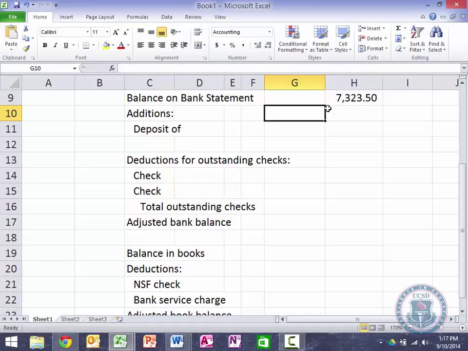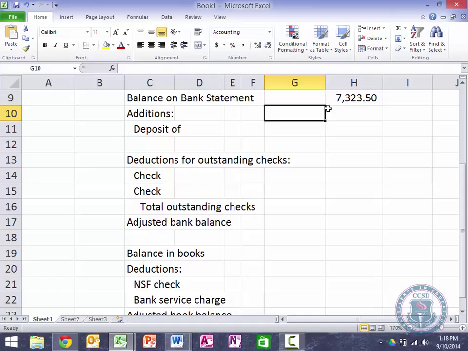So what we're going to do is say we have some additions to our bank statement. Let's read this on this bank reconciliation. As we read this, it should become clear. The bank statement balance at the end was $7,323.50. Do we need to add anything to it? Yes. What are we adding?